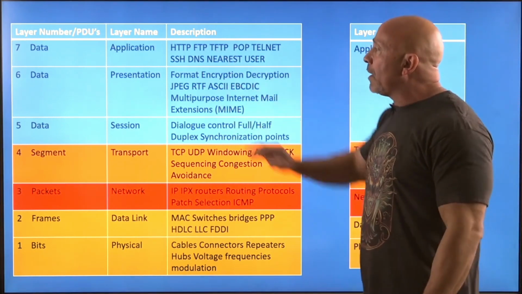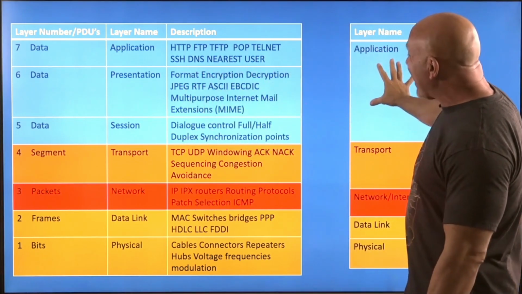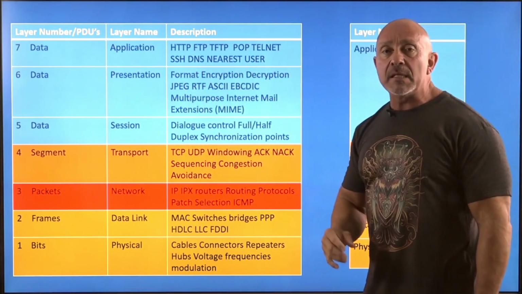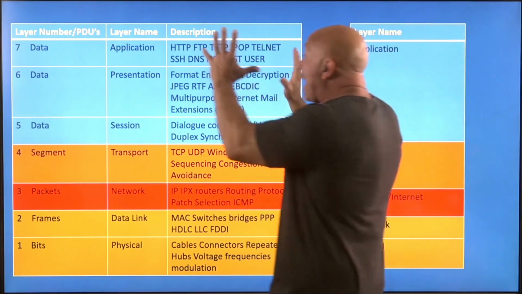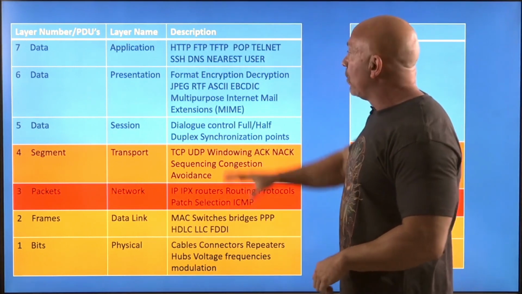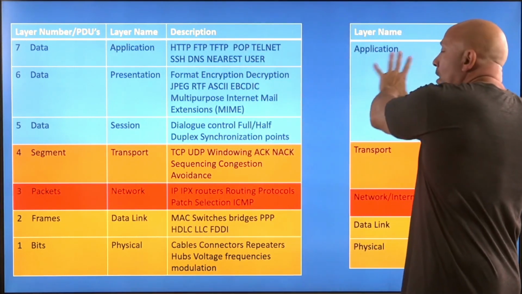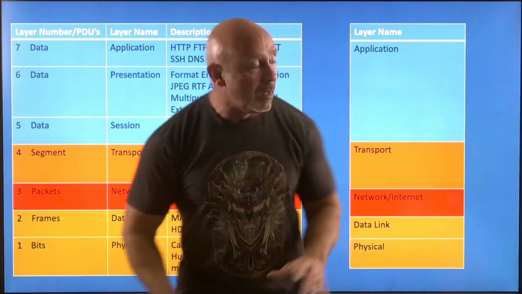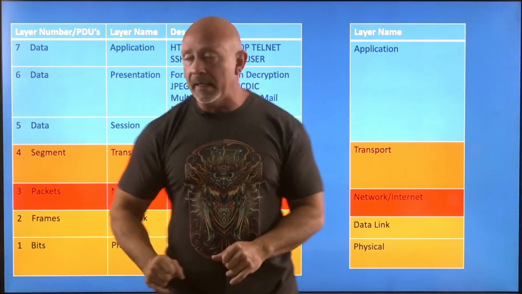The upper 3 layers of the OSI model are going to be mapped over to the application layer of the TCP/IP model. What does that mean to you? That means that whatever happens in the OSI model, whichever application, format, dialog control, all that is going on in the TCP/IP model at the application layer. That's what that means, okay?